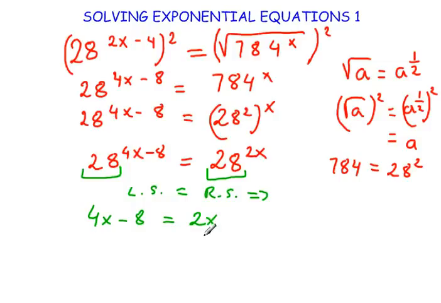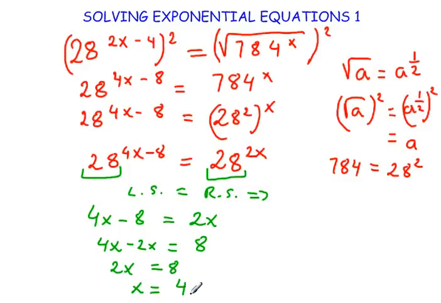So let's solve that linear equation. So 4x minus 2x is equal to positive 8. So 2x is equal to 8. Therefore, x is equal to 4.